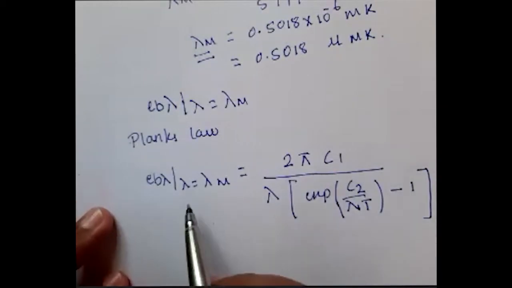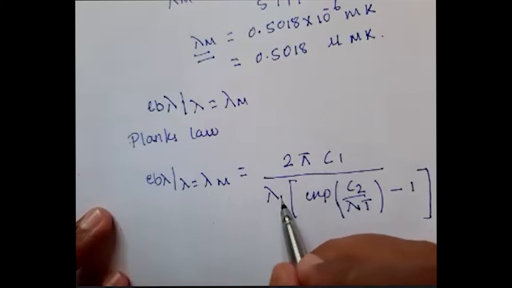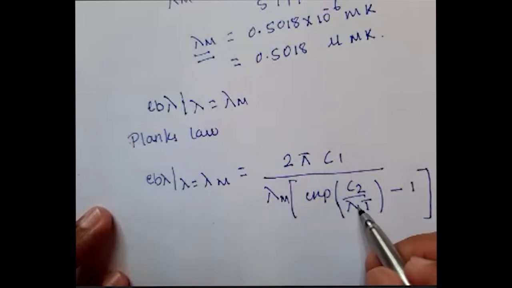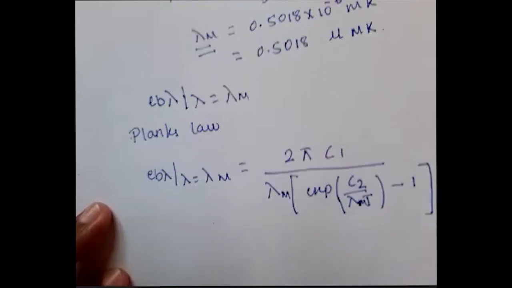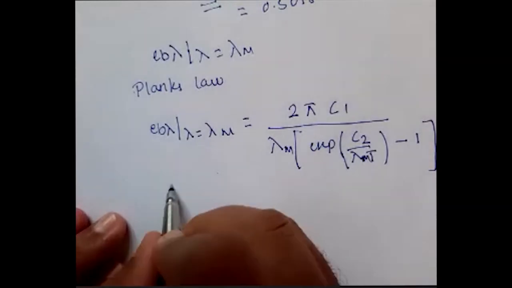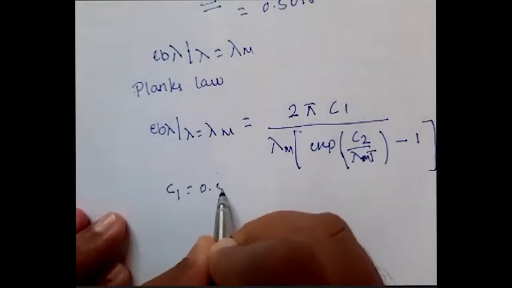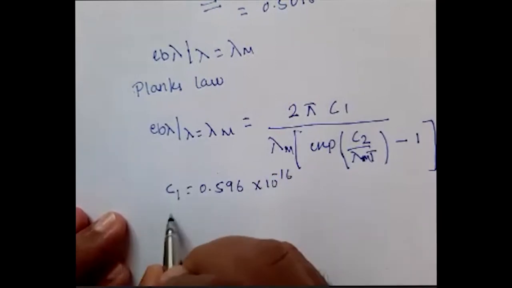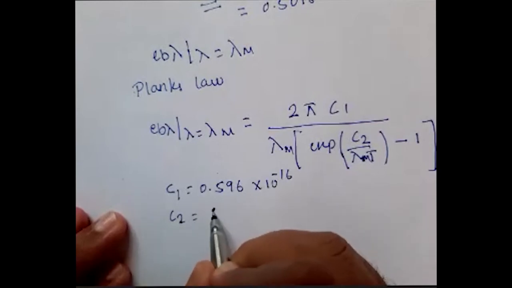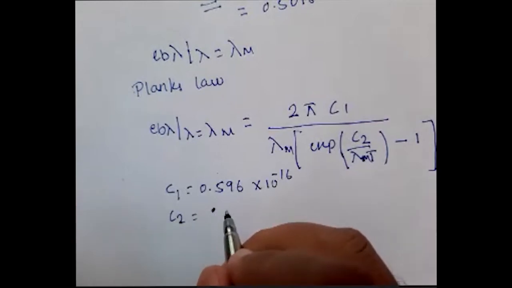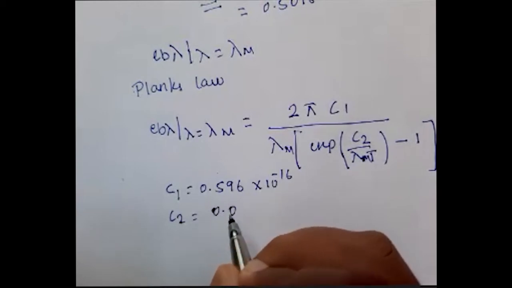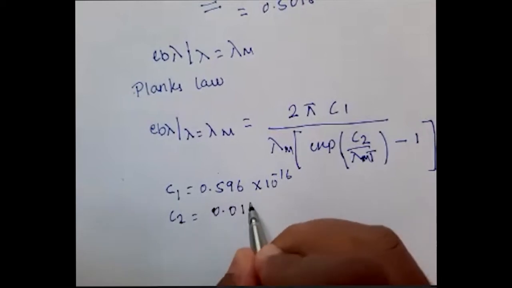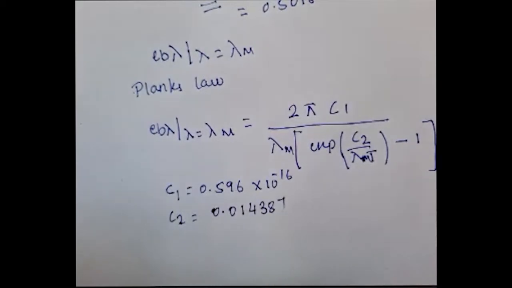So in our case, lambda is equal to lambda m, so this will be lambda m and this part also will be lambda m. I substitute the values. I know the constants. C1 is equal to 0.596 into 10 raised to minus 16 and C2 is equal to 0.014387.